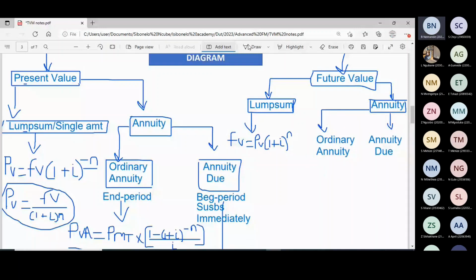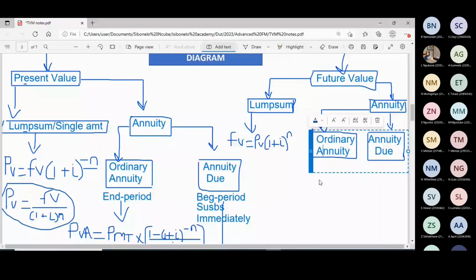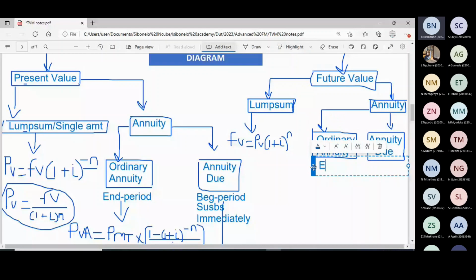Guys, you already know that under an ordinary annuity, payments are made at the end of the period, and annuity due, at the beginning of the period. So just write end and beginning. An ordinary annuity, end of the period; annuity due, beginning. Or remember the other 2 terms that I gave you here, subsequently or immediately.